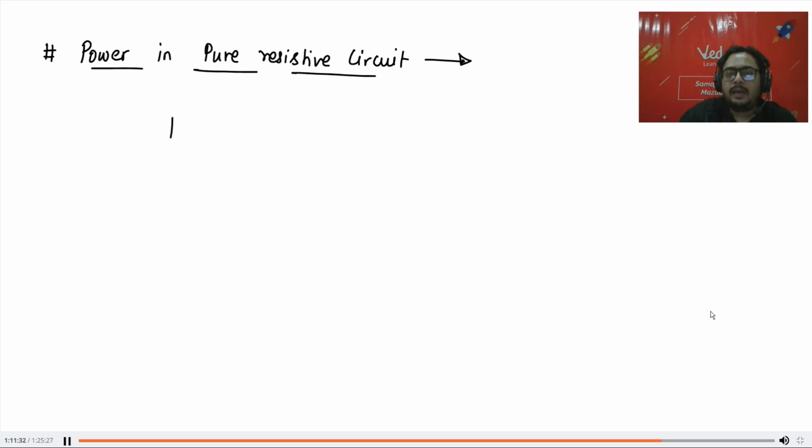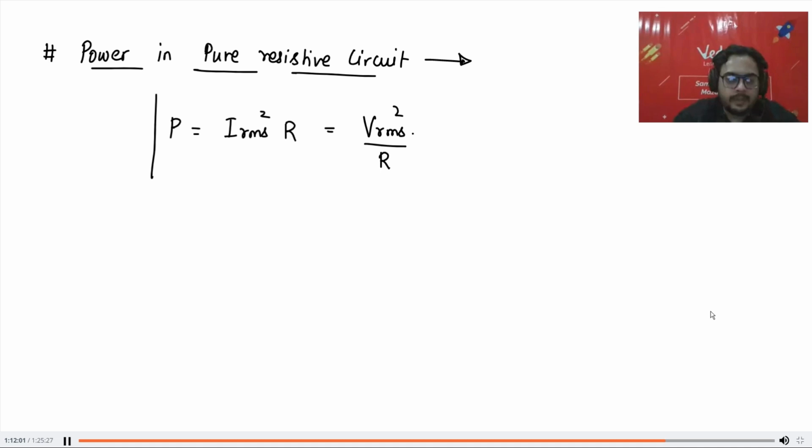IRMS square R. That is it. That you have to use simply. Or you can write it VRMS square by R. This is also a valid formula. Same thing, V is equal to IR we are using. This is a formula from current electricity. Okay. So please remember it.